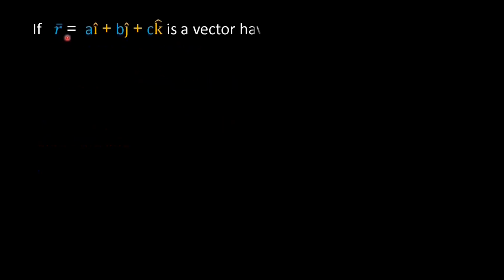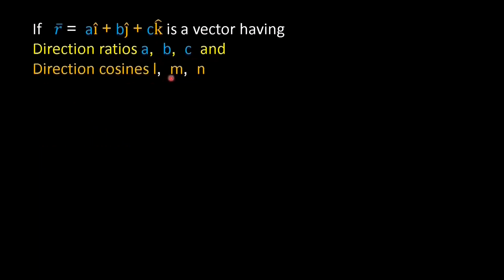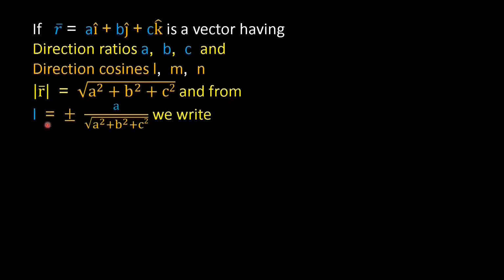If r bar equals a i cap plus b j cap plus c k cap is a vector having direction ratios a, b, c and direction cosines l, m, n, then mod r bar will be square root of a squared plus b squared plus c squared, and from the relationship l equals plus minus a by square root of a squared plus b squared plus c squared, we write a equals l times square root of a squared plus b squared plus c squared.